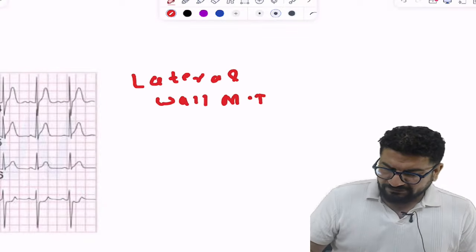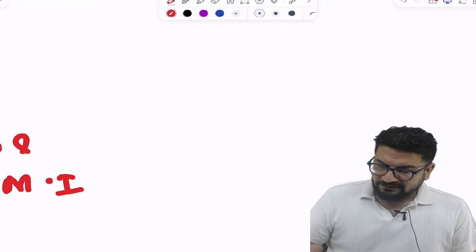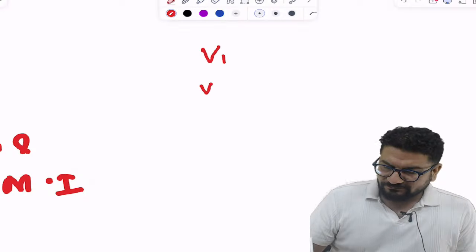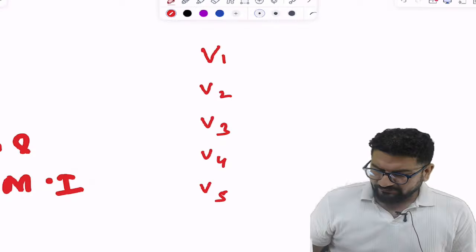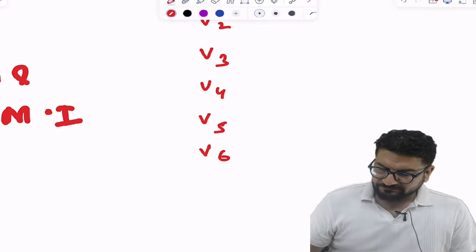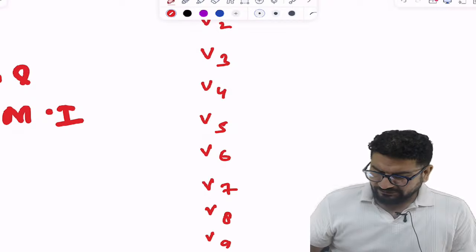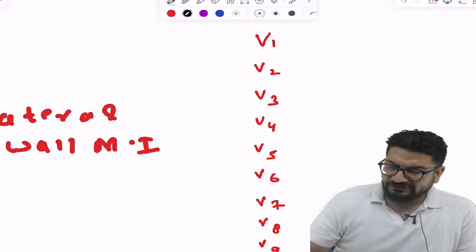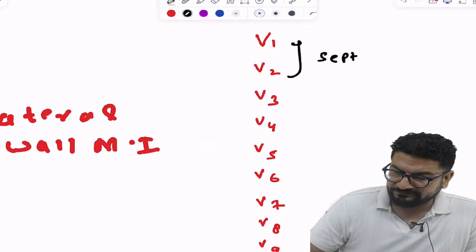Now how to remember this wall? Look at the screen. You can remember V1, V2, V3, V4, V5, V6, V7, V8, V9. When you see changes in leads V1, V2, it is your septal wall MI.